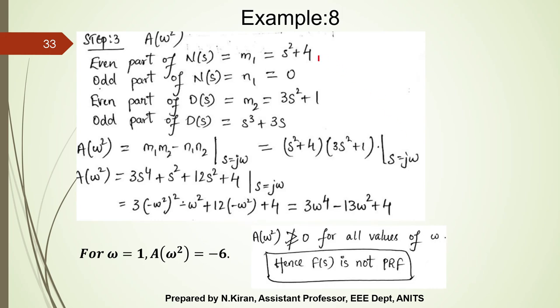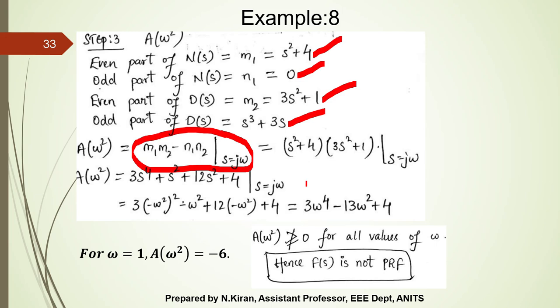The even part of the numerator polynomial is s square plus 4. There is no odd part in the numerator polynomial. The even part of the denominator polynomial is 3s square plus 1 and the odd part is s cube plus 3s. Using the formula m1 m2 minus n1 n2 and substituting s equal to j omega, I obtain the expression for A of omega square as 3 omega power 4 minus 13 omega square plus 4.